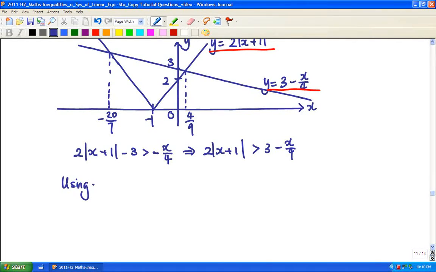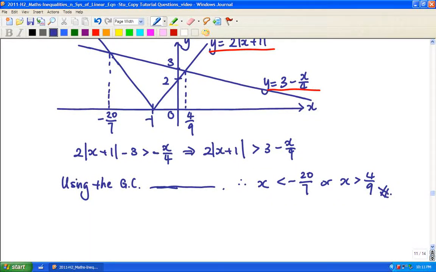So using the GC, what is your conclusion about the points of intersection? Therefore x would have to be strictly smaller than negative 20 over 7, or x is greater than 4 over 9. That will be the solution for the first part of our question.